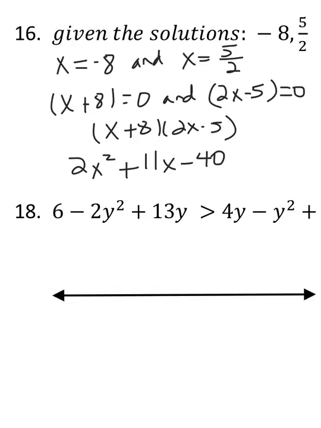For the other factor, multiply by 2, subtract 5. 2x minus 5 equals 0, that's my other factor. I multiply my 2 factors together, and I get 2x squared plus 11x minus 40. Then I graph it to check to make sure that this graph actually crosses the x-axis at -8 and 5/2. And as long as it does, then it's good to go.